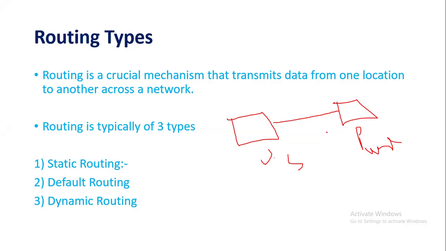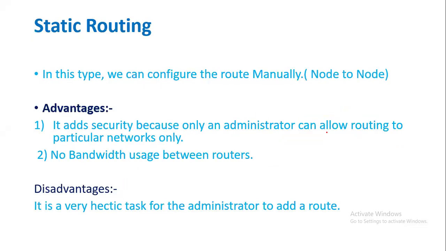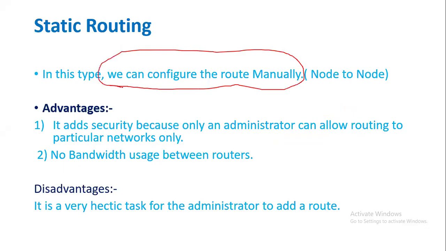So let's talk about static routing that I have mentioned already. We need to configure the static route manually. It doesn't matter how many nodes or routers you have within a network or topology, the routes should be configured manually.